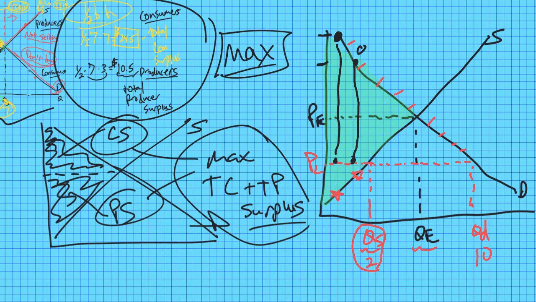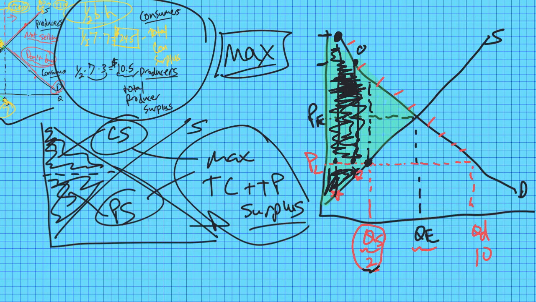And then we can look at producers, right? So they were willing to sell, all the way up to that number right there, for those 2 exchanges. So this shaded area here is our consumer surplus, and this down here is our producer surplus, and it stops there. You don't have consumer or producer surplus when an exchange doesn't take place.